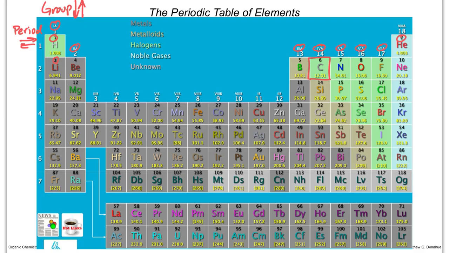The other thing I want to talk about in terms of the elements are isotopes. Does anyone know what an isotope is?